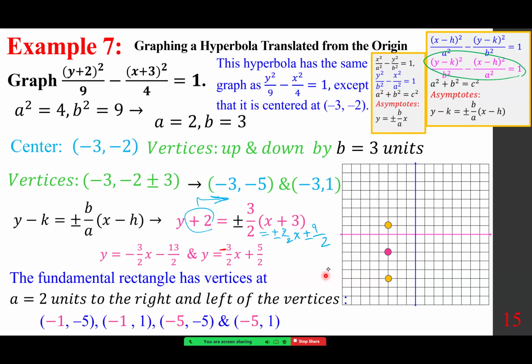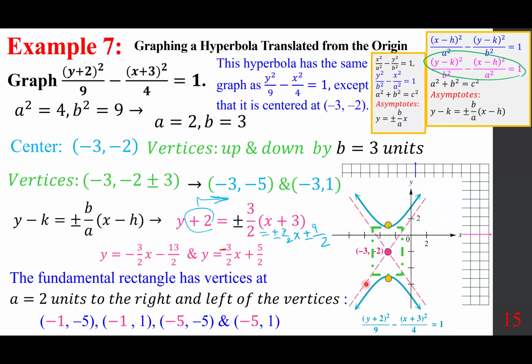So we end up with the following, looking like that. Drawing the two asymptotes and the graphs, and we are done.